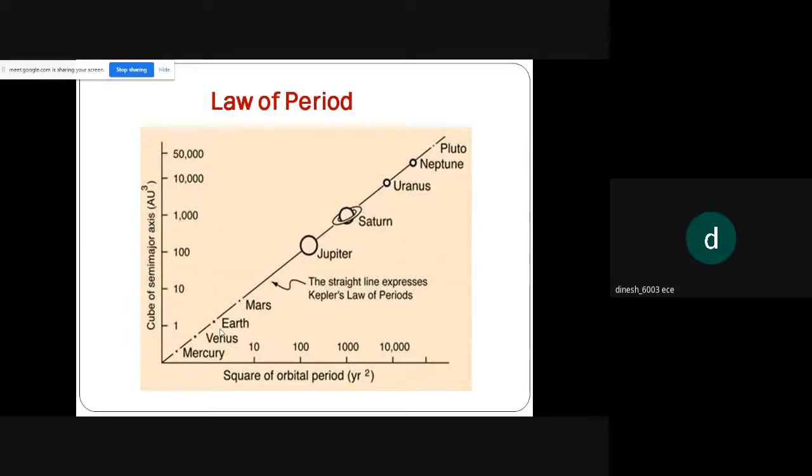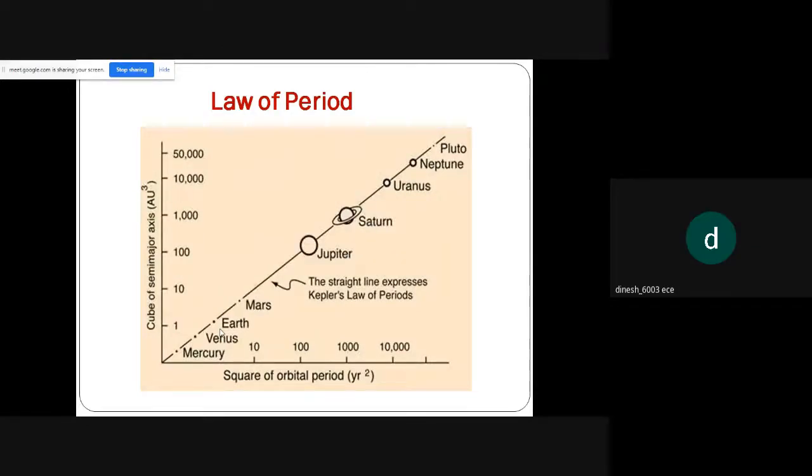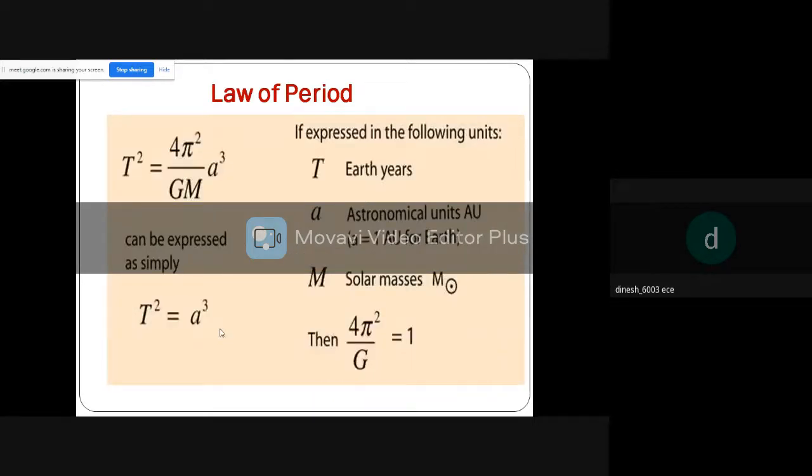With respect to all the planets, it is given: Mercury, Venus, Earth, Mars, Jupiter, Saturn, Uranus, Neptune, Pluto. The straight line which is given represents Kepler's law of periods for every revolution. You can find it here.